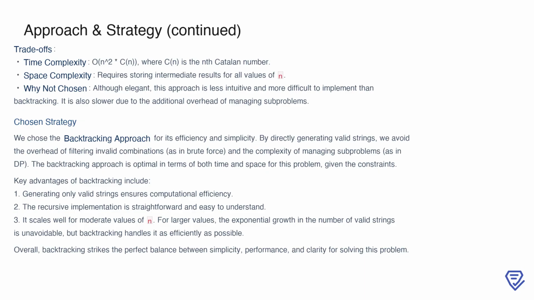While it's true that the number of valid combinations grows exponentially with n, this growth is unavoidable for any approach. Backtracking handles it as efficiently as possible by focusing solely on valid sequences. This combination of computational efficiency, straightforward implementation, and scalability makes backtracking the ideal solution for the generate parentheses problem.